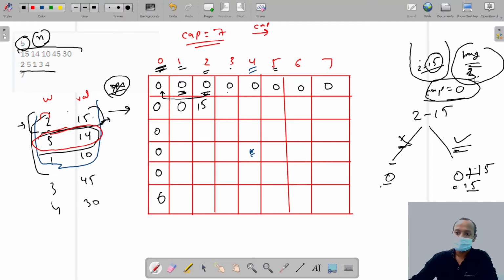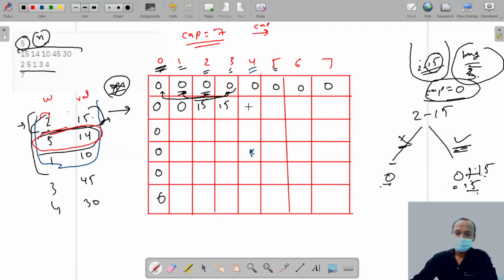Similarly, if the capacity of the bag is 3, and we exclude this item, we see here the capacity of the bag is 3, and we get 0. And if we include this item, then the capacity is 1, and the value we get from this capacity is 0. 0 plus the value of this item, 15, that is 15.